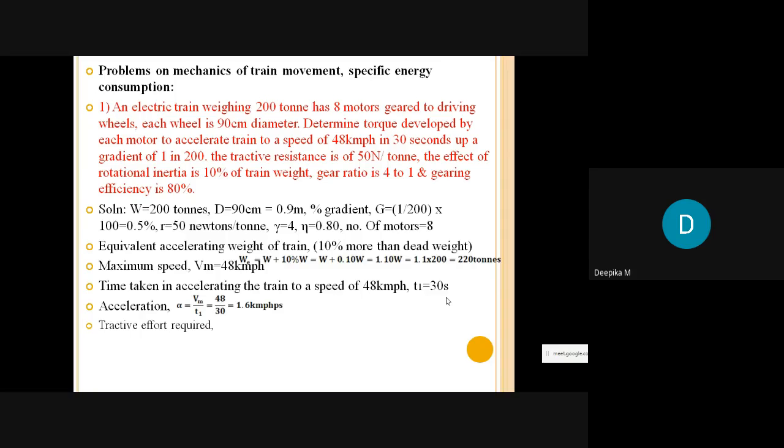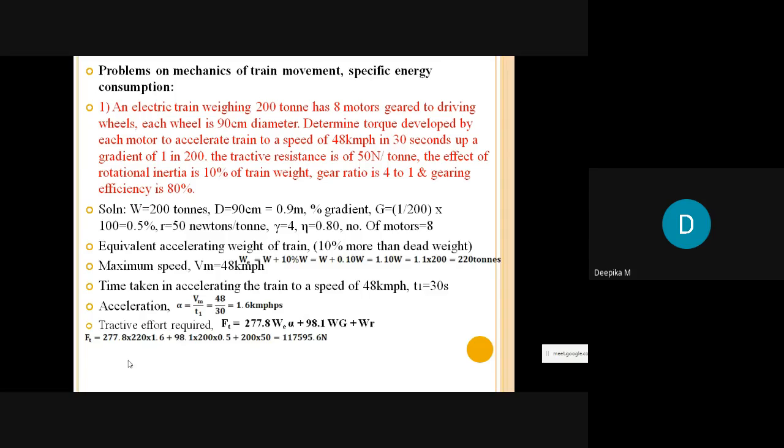And the tractive effort required is Ft. So what will be the formula for Ft? Ft is 277.8 WE alpha plus 98.1 WG plus W into R. So this will be the formula to calculate the tractive effort. Let us substitute.